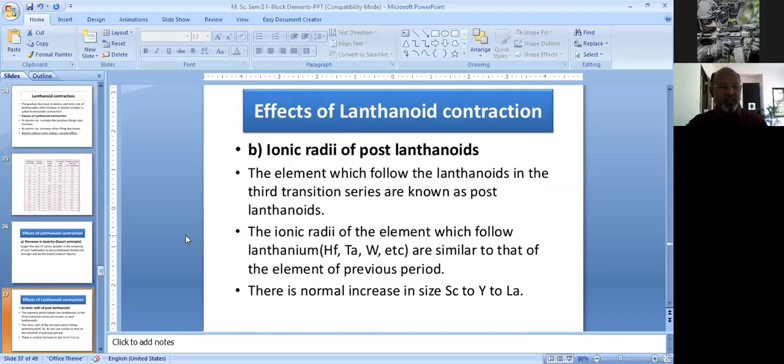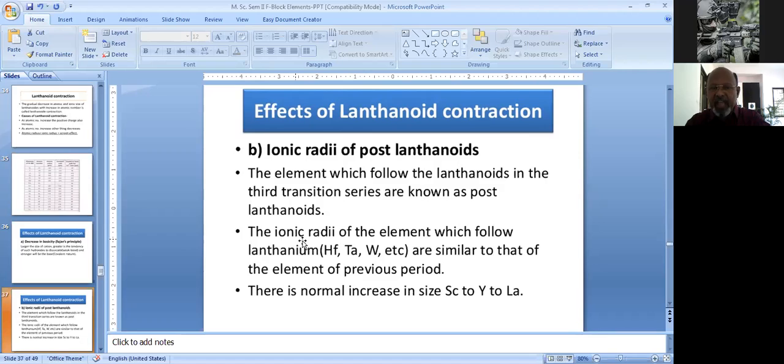The second effect of this lanthanide contraction is the ionic radii of post-lanthanides. The word post-lanthanide means those elements which are present after lanthanum. The elements which follow the lanthanides in the third transition series are known as the post-lanthanides.